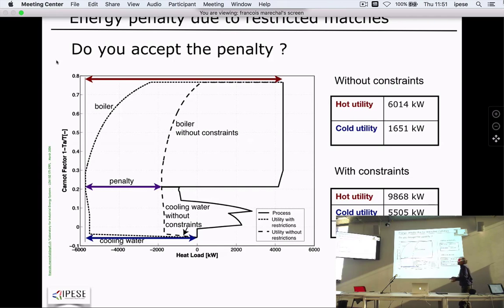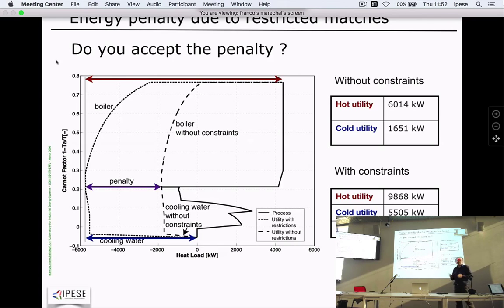And the consequence is that I will have to pay more in the boiler and therefore more also in the cooling system. Now, to some extent, it's frustrating because I'm adding the constraints, but I have to accept the penalty. I have, however, a very nice information now because I have the difference. So I know how much I'm spending without the constraints, and I know how much I'm spending with the constraints.